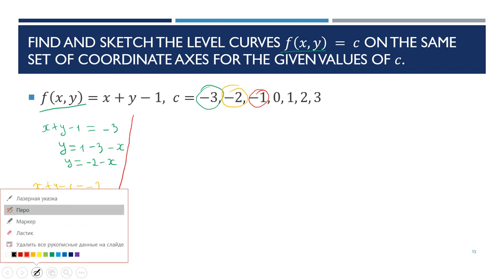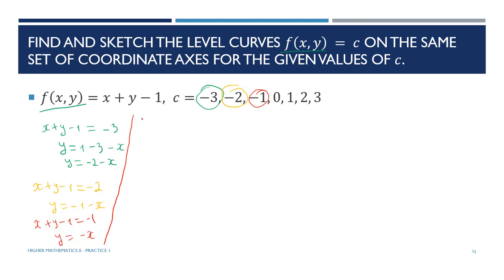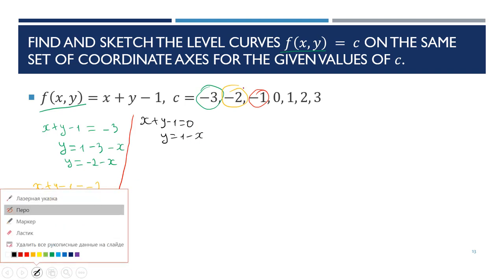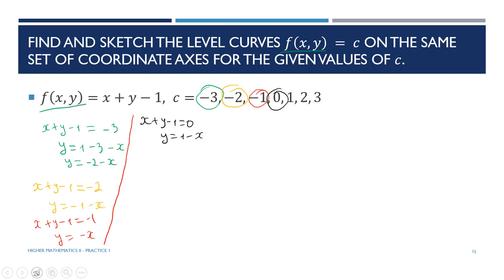Next one. x plus y minus 1 equals 0. y equals 1 minus x. It was this one. And the next one is 1. So y equals 2 minus x. When we choose number 2, we'll get y equals 3 minus x. And finally, when I choose the number 3, I will get y equals 4 minus x.